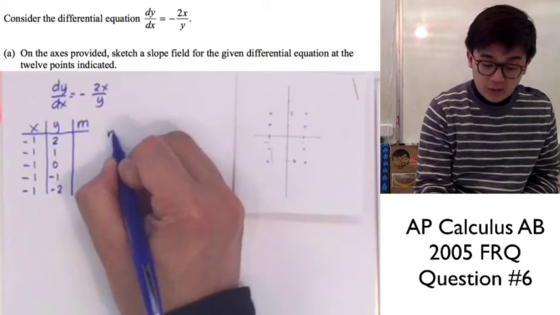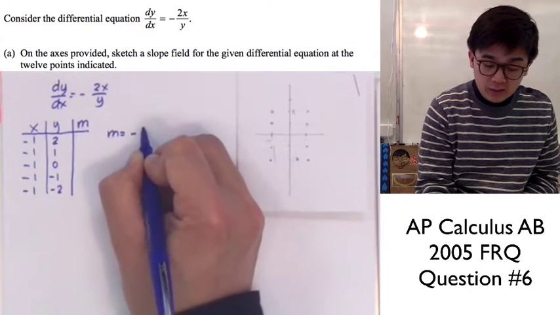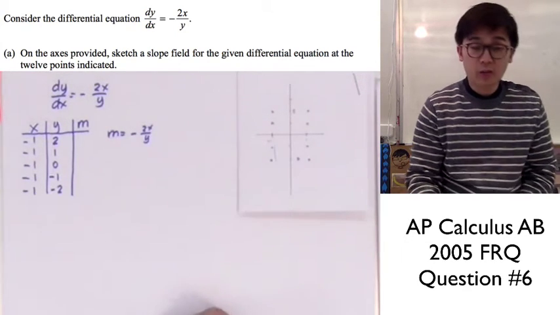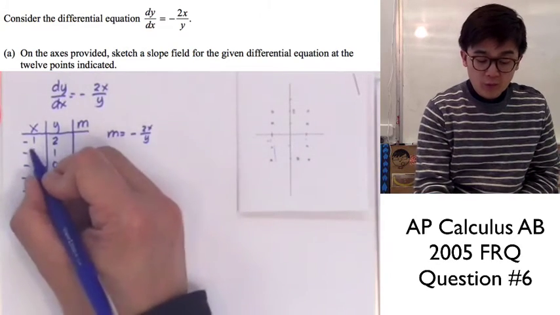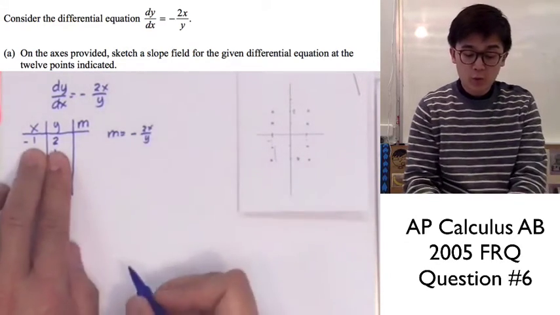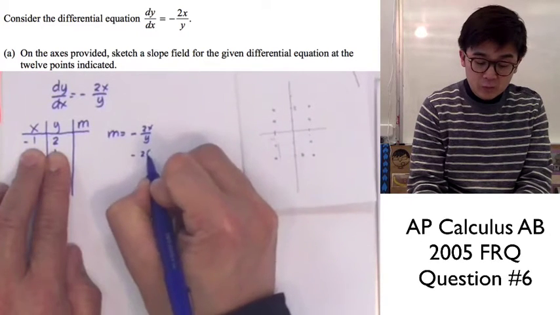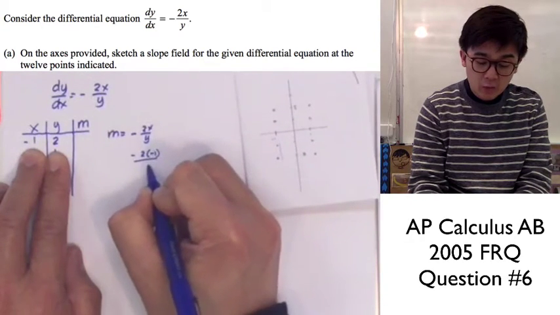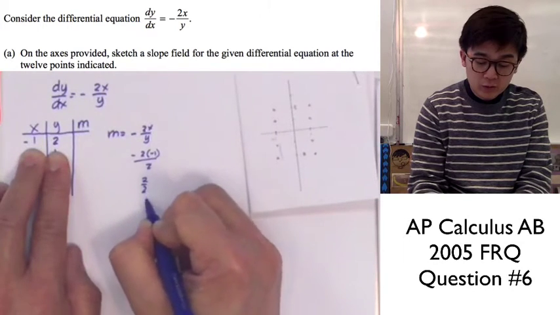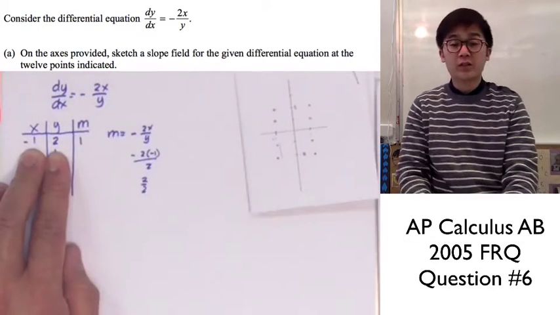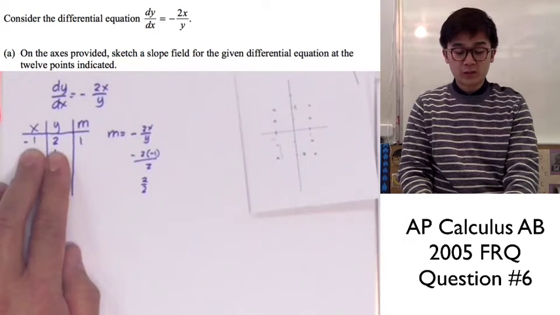So to find the slope, we need to use the formula negative 2x all over y, which is our differential equation. So if we're going to find the slope of the first coordinate, we'll have negative 2 times negative 1 all over 2, which is going to give us positive 2 all over 2, or simply 1. So that is going to be our first slope.